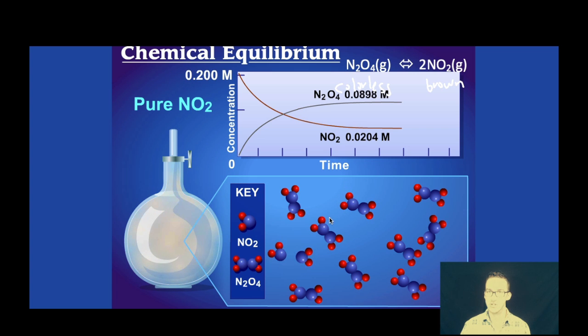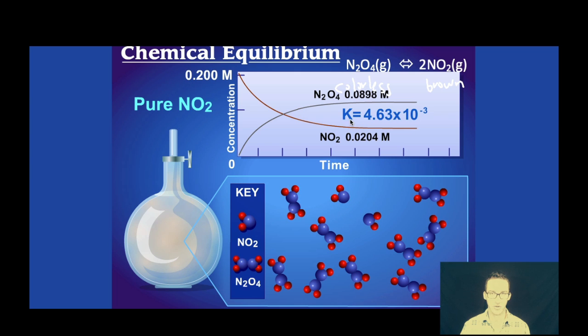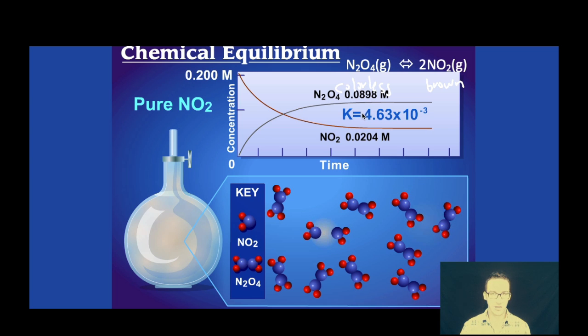And then when it comes to determining our equilibrium constant value, you simply need to look at the concentrations of your products and your reactants at equilibrium and plug them into your equilibrium expression. When we do that in this instance, we get an equilibrium constant value of 4.63 times 10 to the negative 3.